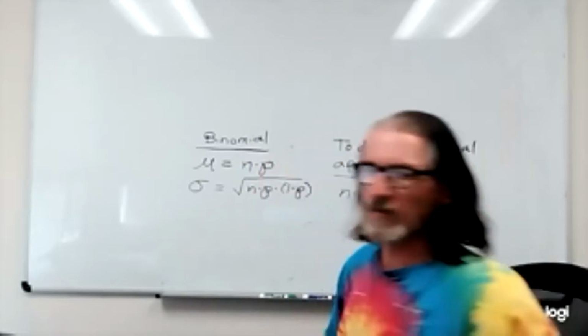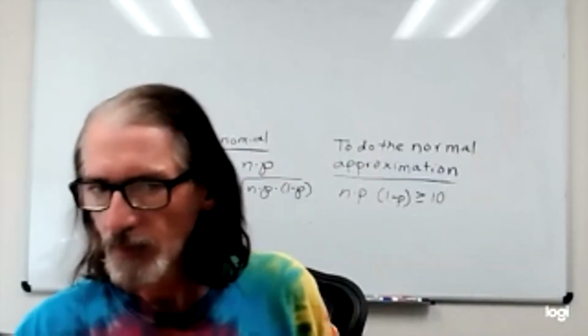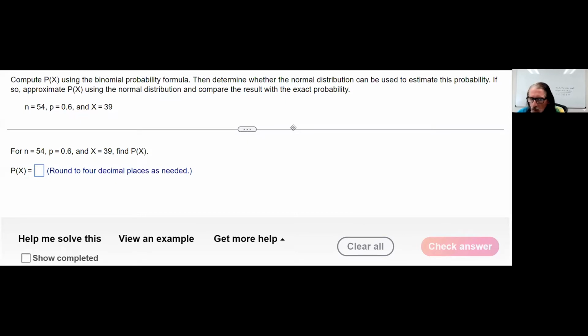So we're about to take a look at an example. We're given a binomial situation where the number of trials is 54, n equals 54. Probability of success is 0.6. And we want to approximate the probability that x equals 39.